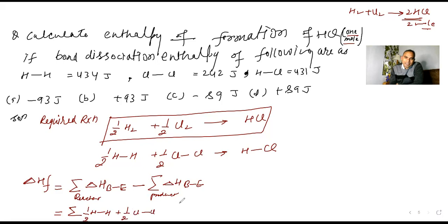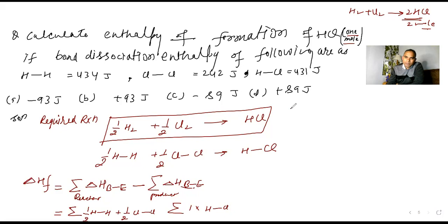Very tough, you need to be very careful here. And here there is only one molecule, so we write 1, and that is HCl. We have to write HCl. See, this we got. So what we are going to do is plug in the values because the values are given.